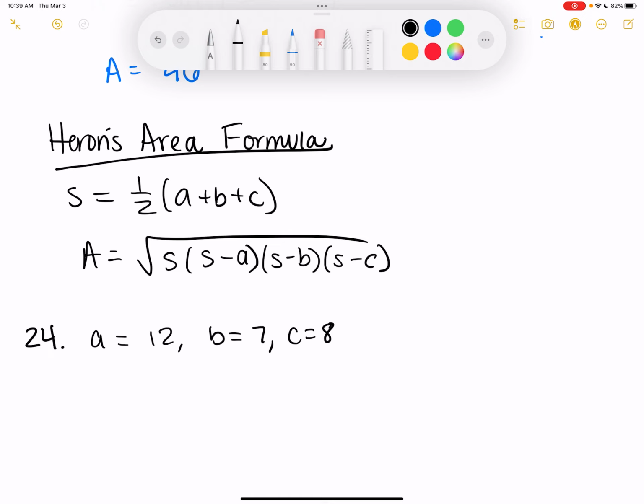All right, so the problem literally just says find the area of the triangle. Do we have to find S first or A? Find S first. S is equal to 1/2 times (12 plus 7 plus 8), which is 13.5.